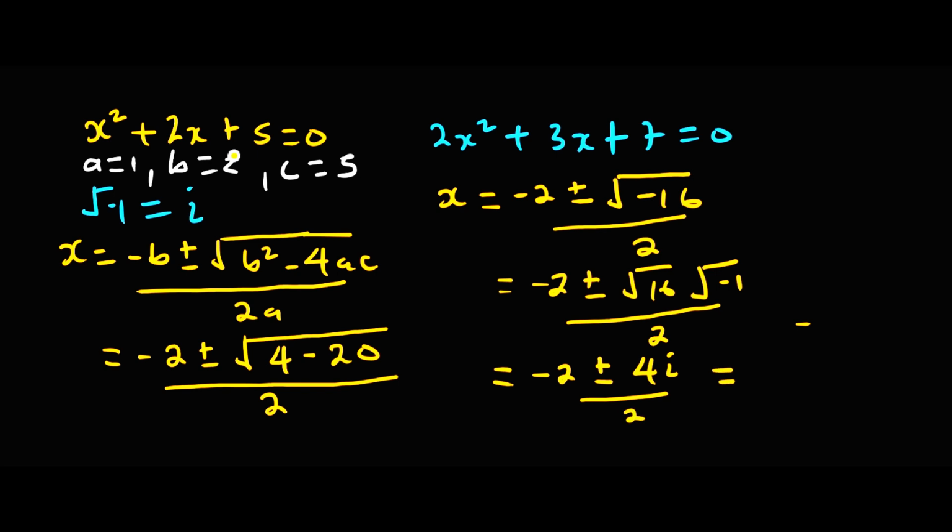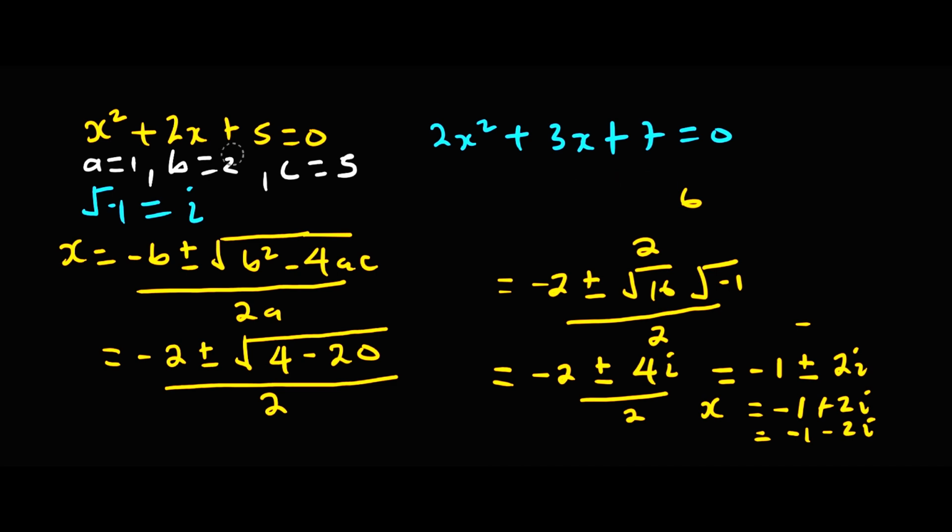If we simplify this, we get minus 1 plus or minus 2i. So this means that the value of x is either minus 1 plus 2i, or it is minus 1 minus 2i. So let us also solve this other equation and see if the same thing applies.